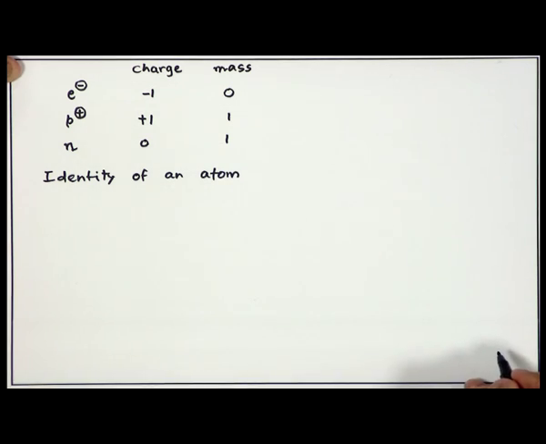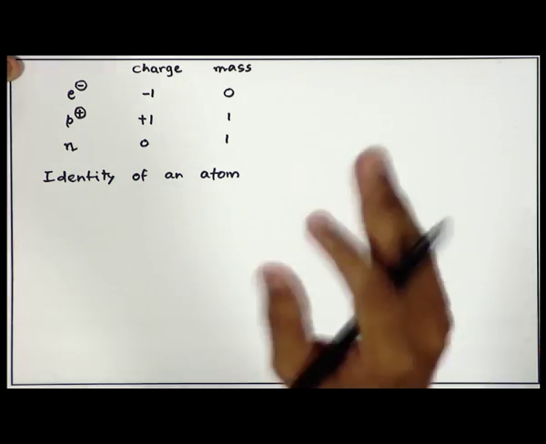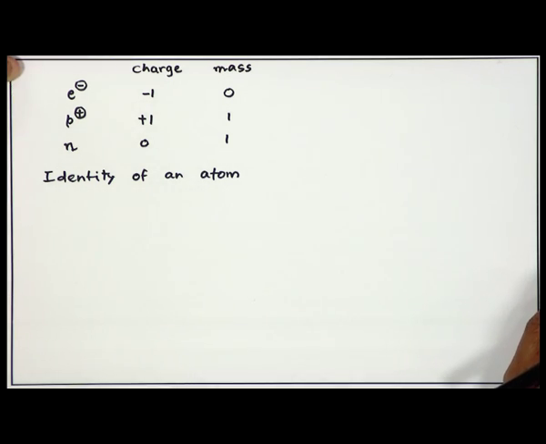Right. Identity is a very important issue. If I want to find out about you, what would I do? I would first ask, well, I want to know this student from this school, but that is not sufficient information to find you out, because your school will have so many students.